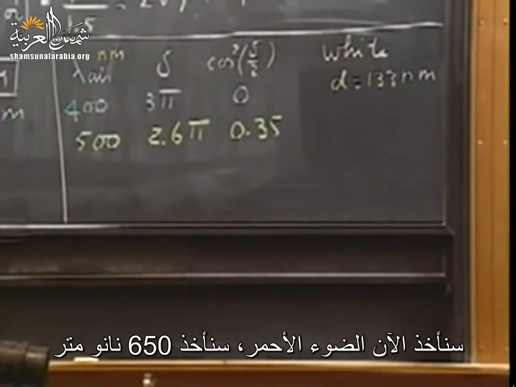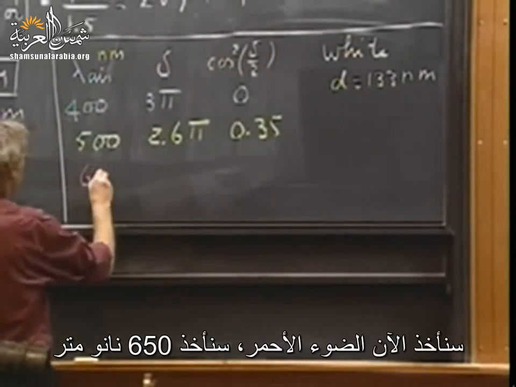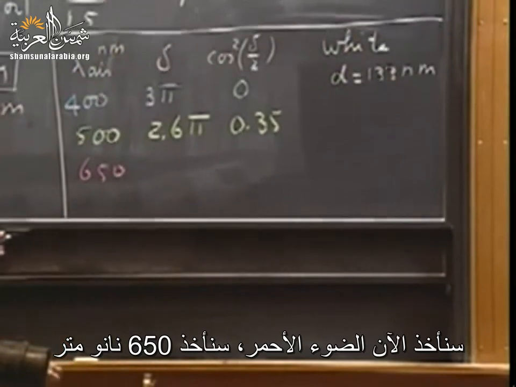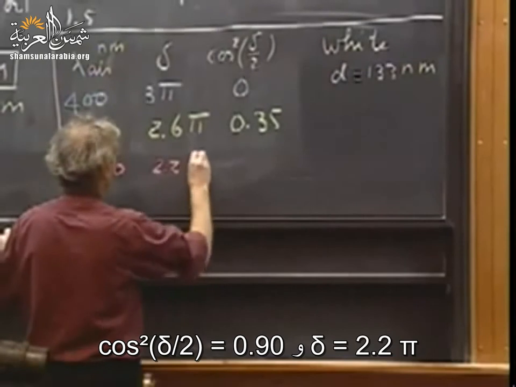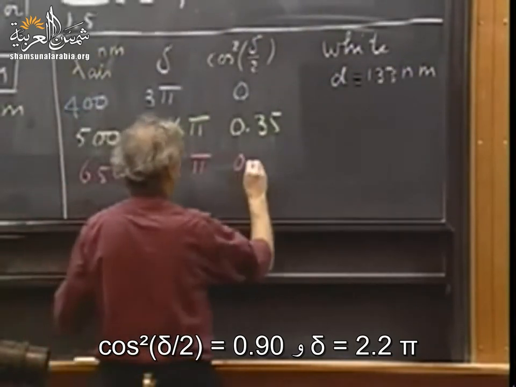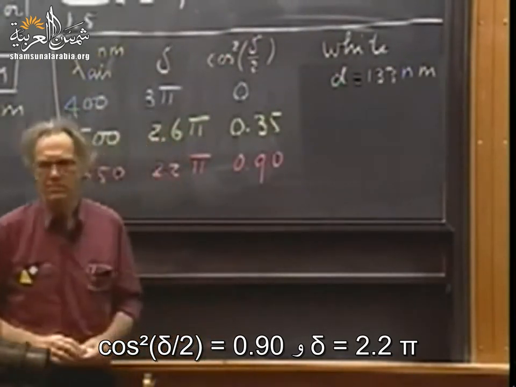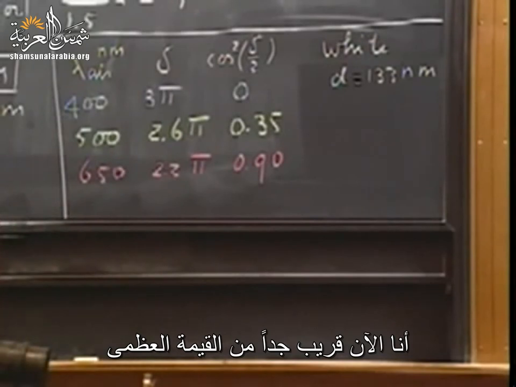But now I go to red, and I do 650 nanometers, and now I calculate what delta is, and I find 2.2 pi. Now I get 0.90. Now I am very close to a maximum.